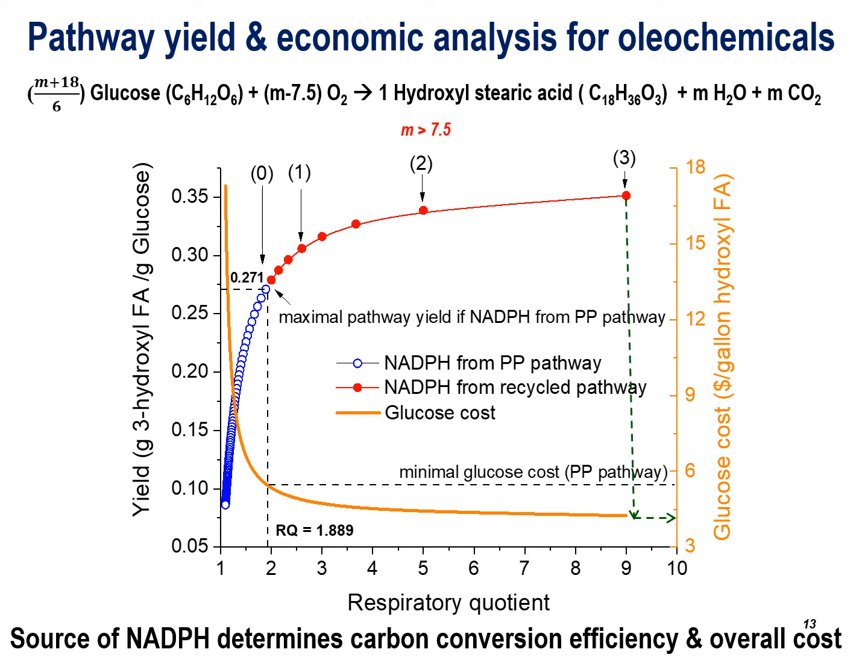At the same time, you can see the raw material cost will be significantly driven down. As a result, at least you can save around 40% of the raw material cost. Here we can conclude that the source of the NADPH actually determines the carbon conversion efficiency and overall cost. This is quite significant if you try to run a company, operate a plant.